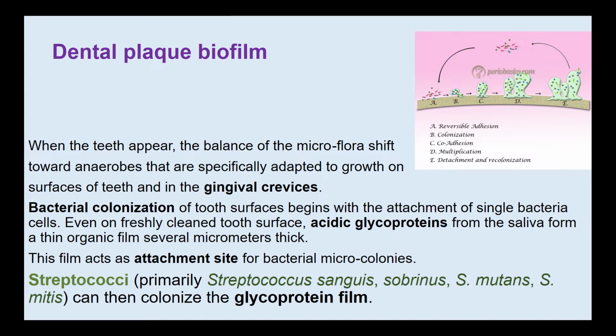When the teeth appear, the balance of microflora shifts toward anaerobes that are specifically adapted to growth on the surface of the teeth and in the gingival crevices. Bacterial colonization of the tooth surface begins with attachment of single bacterial cells, as I said.